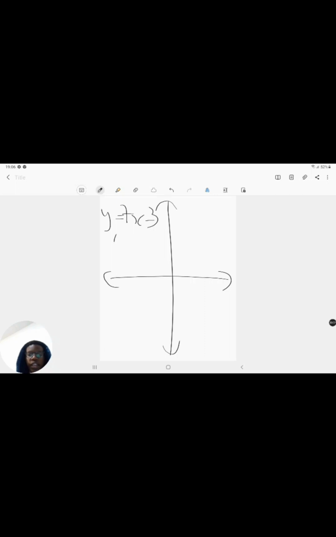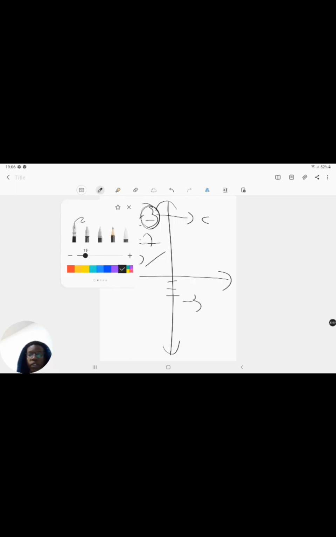You see that the gradient m there is 7, so m is greater than 0, meaning your graph has that shape. And you can see that here, this is C. C is minus 3, so minus 1, minus 2, minus 3. You will be able to tell me that your graph cuts through C, and it goes up like that.